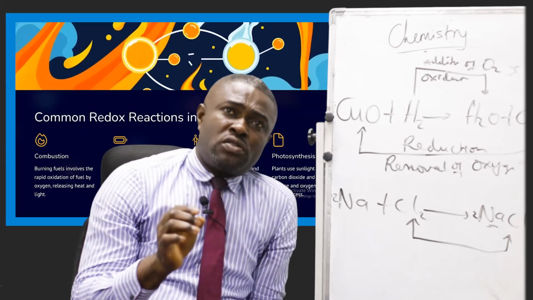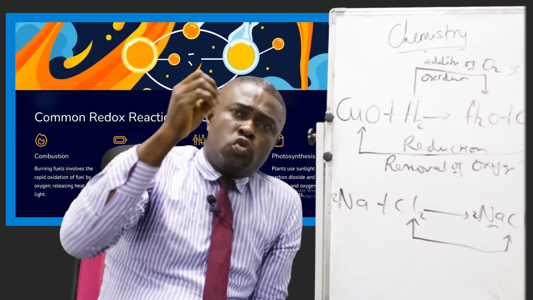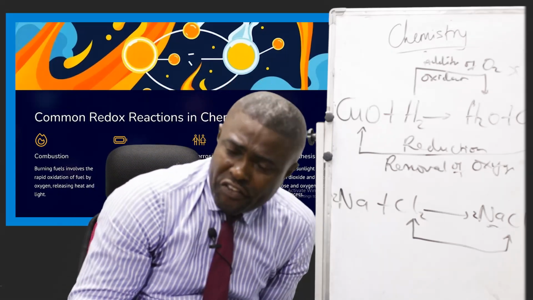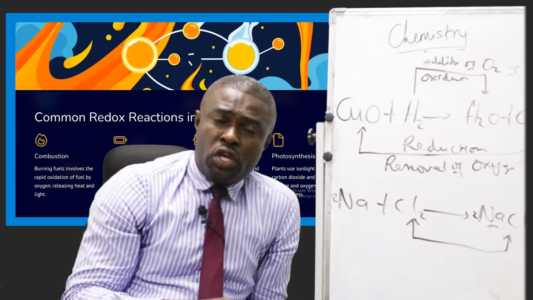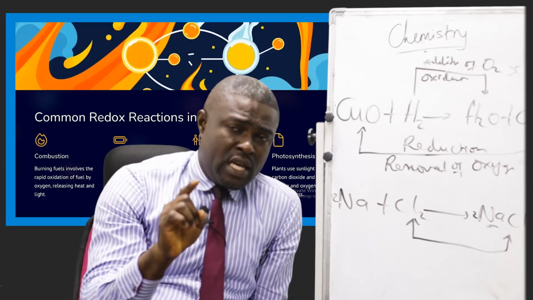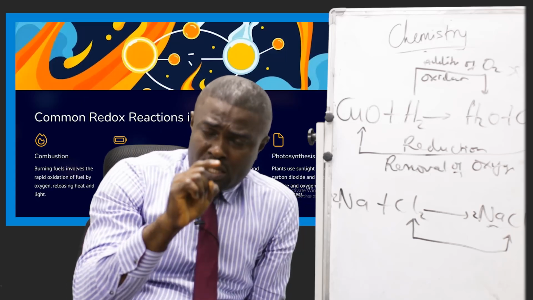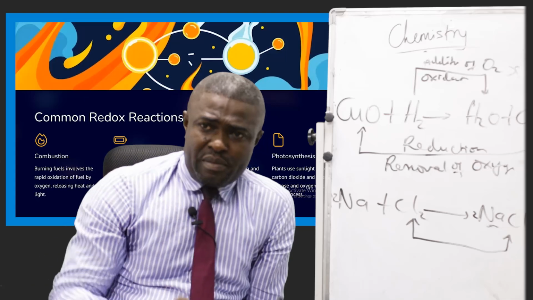Most examiners will ask you why this equation is referred to as a redox equation. If you watch the equation very well, you will see that reduction and oxidation are taking place there at the same time.